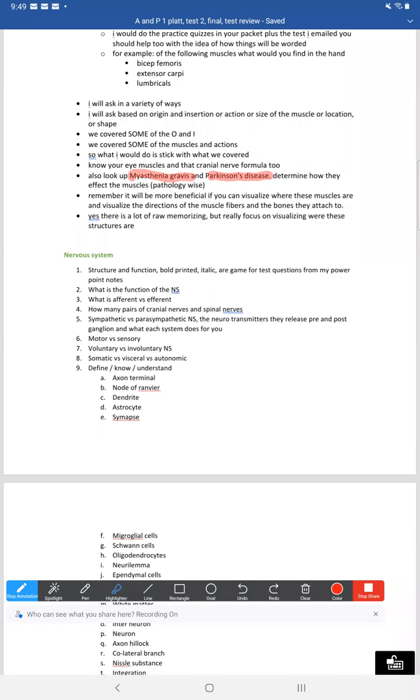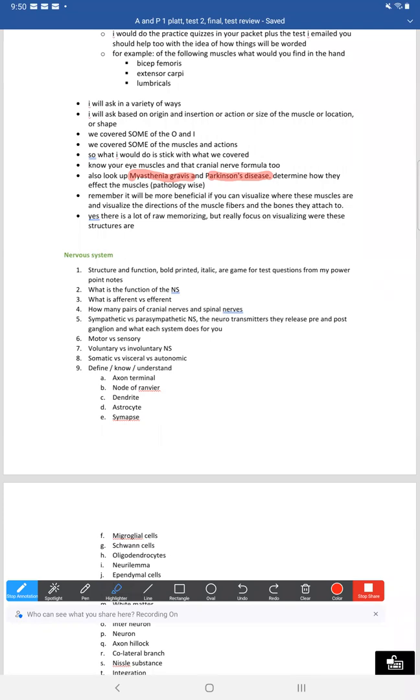Okay, these happen to be neurological complications, right? So Parkinson's is a basal ganglia lesion, right? So you would write down everything we said about it and or what the notes say. Basal ganglia has to do with acetylcholine and dopamine.